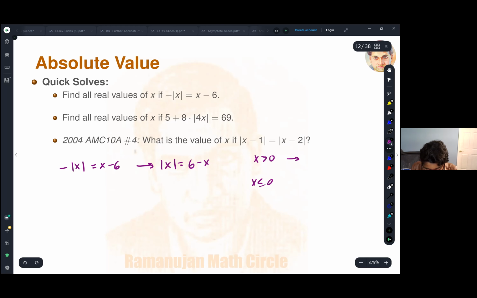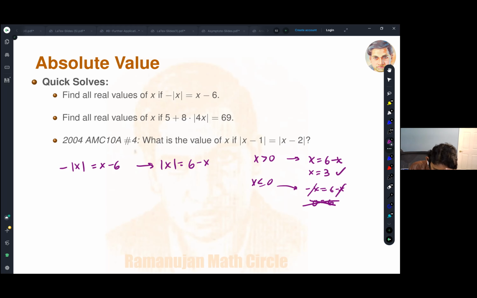So here we have that x is equal to 6 minus x, which means that x is equal to 3, and so this perfectly works. And then here we have negative x is equal to 6 minus x, which means that if you cancel out the negative x's, you get that 0 is equal to 6, which is not true. So our only value for this is x equal to 3.